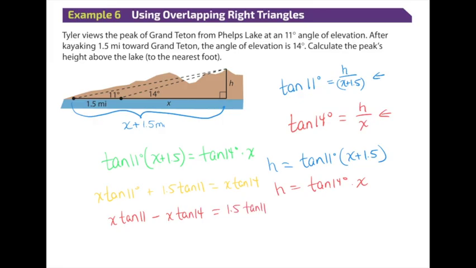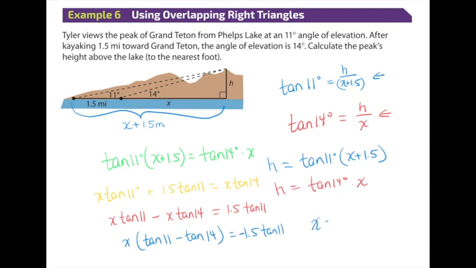Factor out my x, right? So if I factor out my x, I get x times the quantity tangent 11 minus tangent of 14 equals 1.5 tangent 11. Divide by the group. Yeah, so this is negative, by the way.